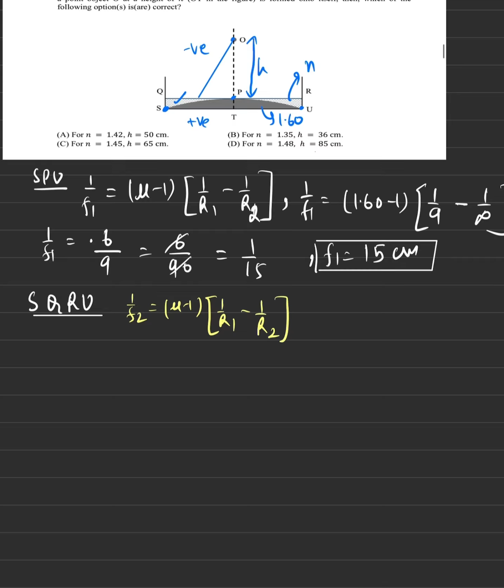So 1 by f2: mu is N, minus 1, times 1 by r1.